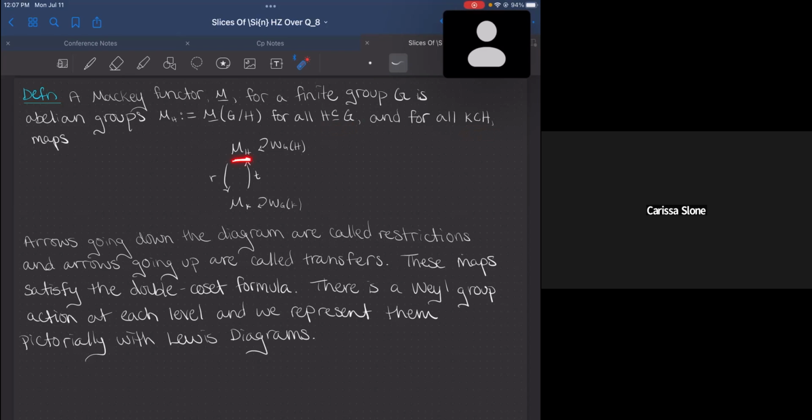So at the top, we'll have M_H. At the bottom, we'll have M_K. Maps going down are called restrictions. Maps going up are called transfers. And we have a Weyl group action at each level. And the restrictions and transfers satisfy something called the double coset formula. And we represent Mackey functors pictorially using Lewis diagrams, which is what I've drawn here.